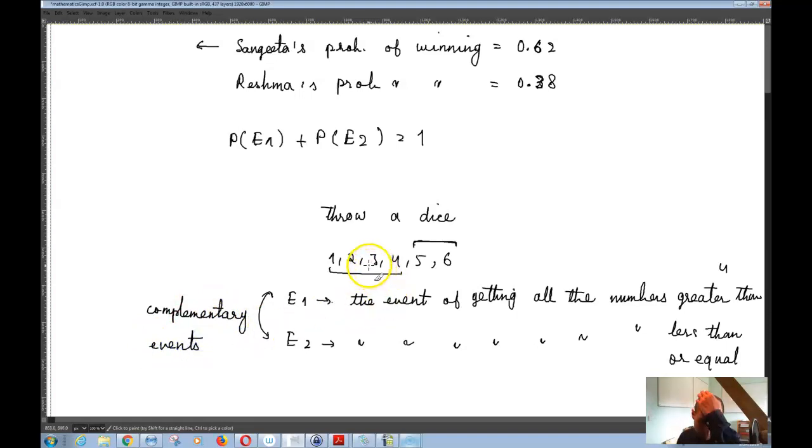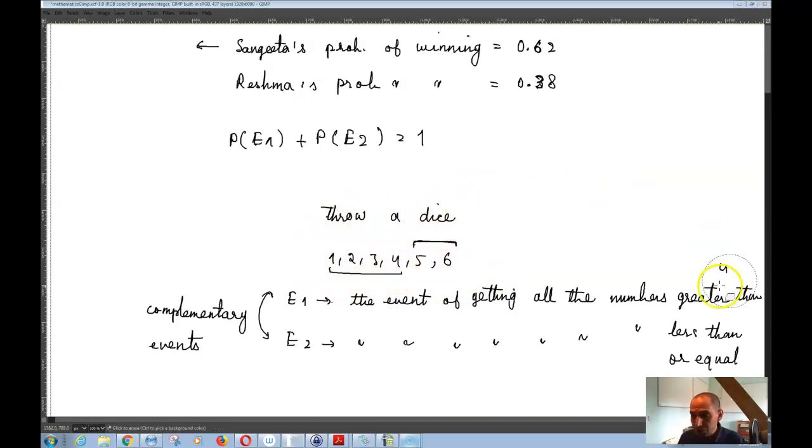So as you can see, when you have two complementary events, those two events cover all the different possible outcomes of a single experiment. Okay.